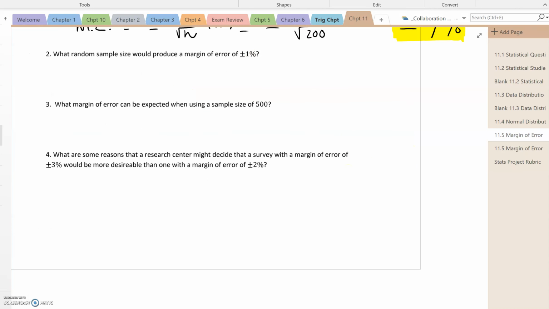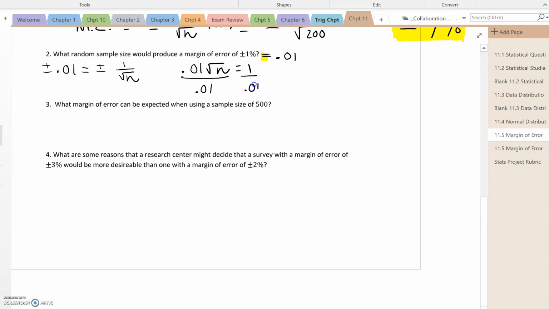The next question here asks, what random sample size would produce a margin of error of plus or minus 1%? So 1% as a decimal is 0.01. So we could use our margin of error formula, plus or minus 1 over the square root of n. To solve for n, I just get 0.01 times the square root of n equals 1.